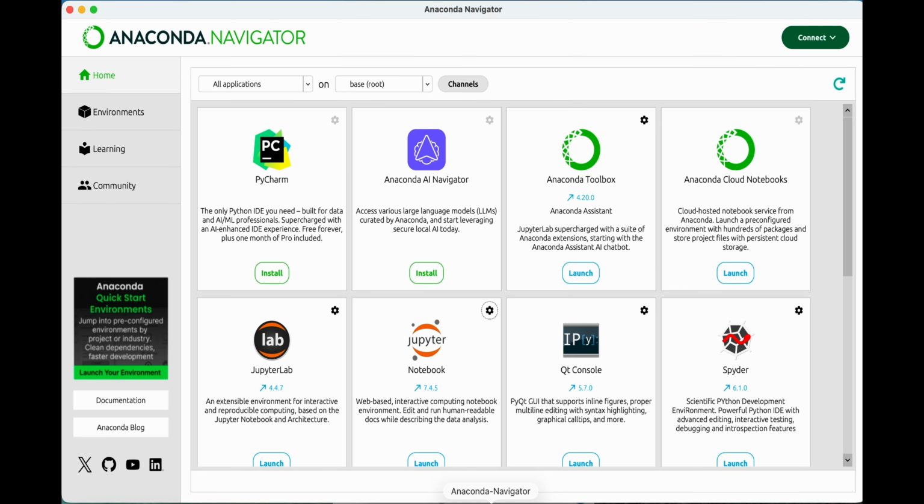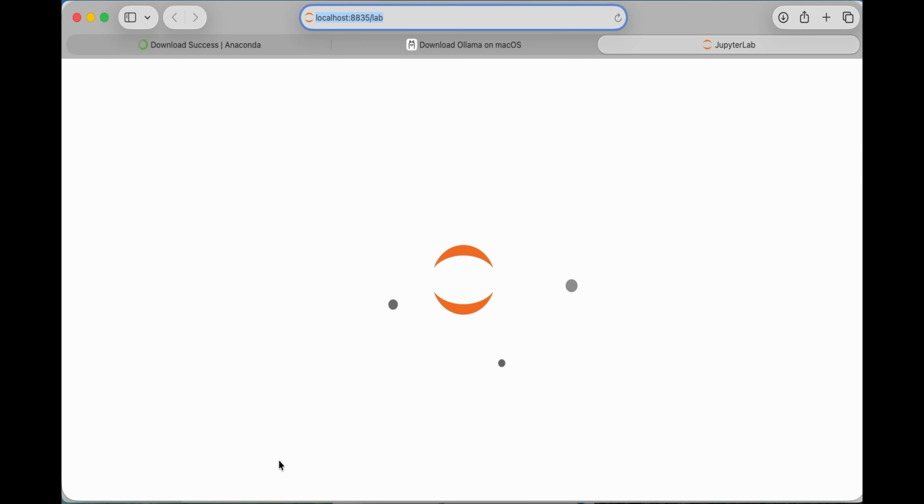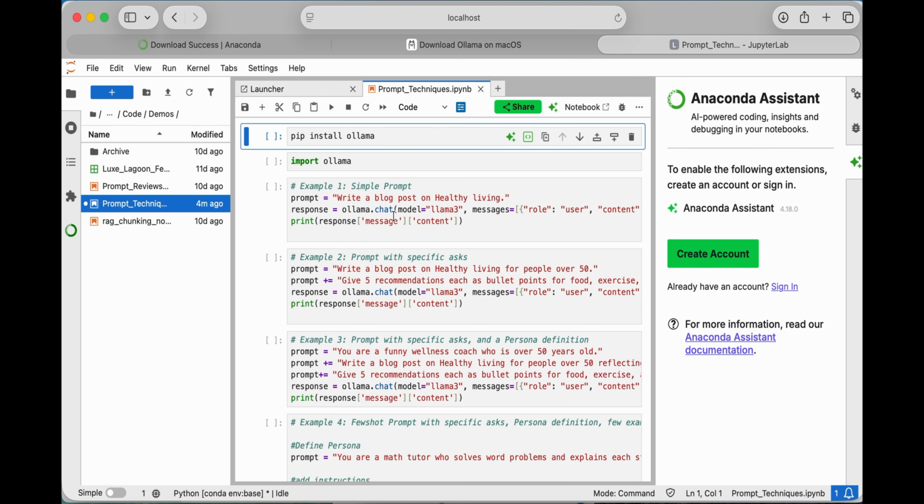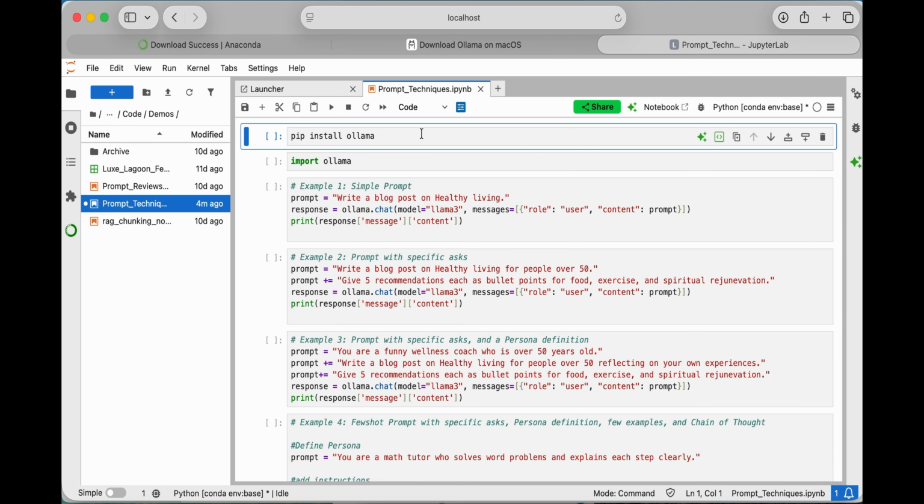So as a first step, we will run the Jupyter Lab environment. I have already created a Jupyter notebook to demonstrate the various prompt techniques we learned about in this session. This notebook is running on a Python kernel.